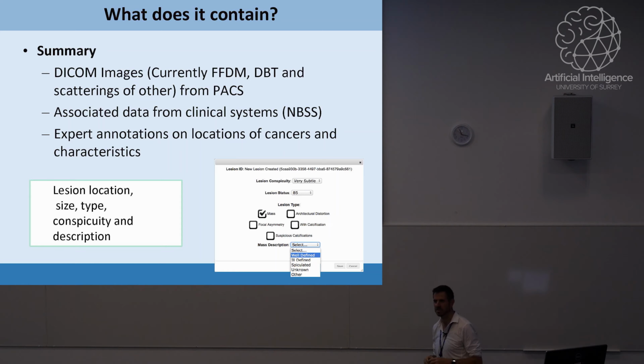And that's a real pain, because to make it useful for AI, we do need to know where the cancer is so that the AI can be trained on those specific subregions. So we've had to go through the processes of feeding those images back to expert radiologists to allow them to annotate the cases. I'll talk more about those processes in a moment, because those are quite arduous. But those are the sort of things we find, like where is the actual cancer, draw a box around it, what size is it, what type. The conspicuity describes how hard it was to detect for the radiologist.